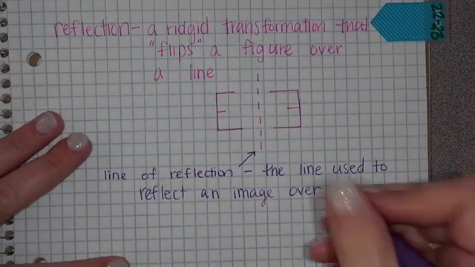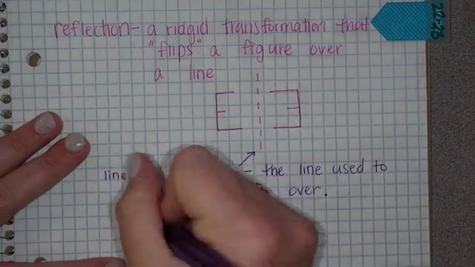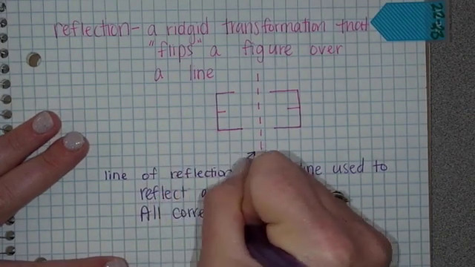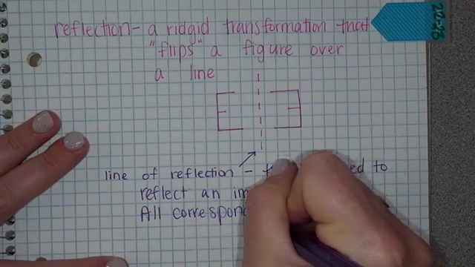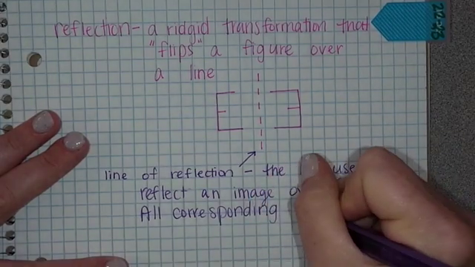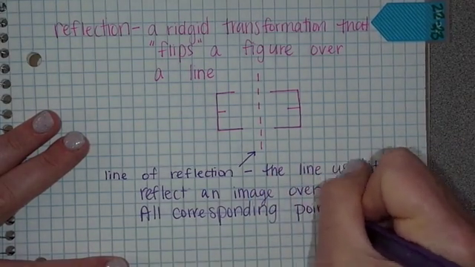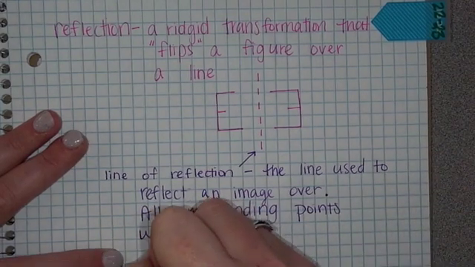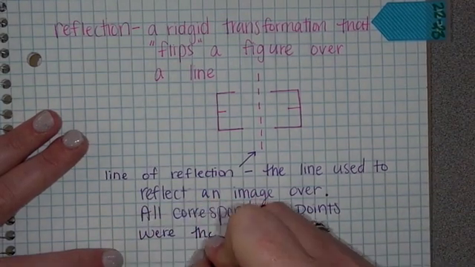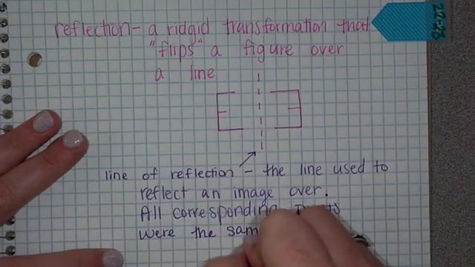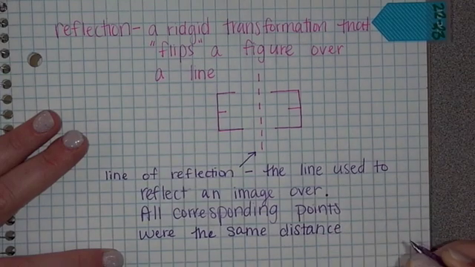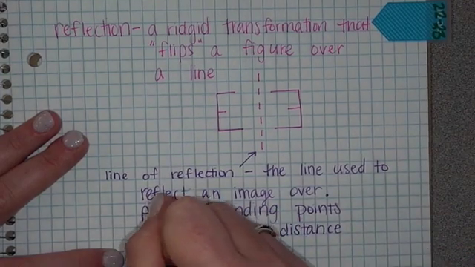I don't want to miss a part of it. Okay. All corresponding points were the same distance from the line.